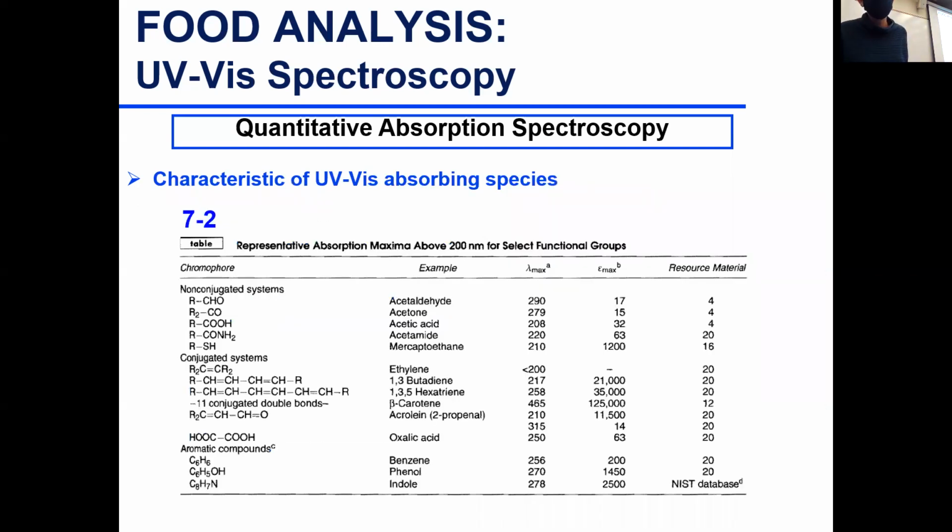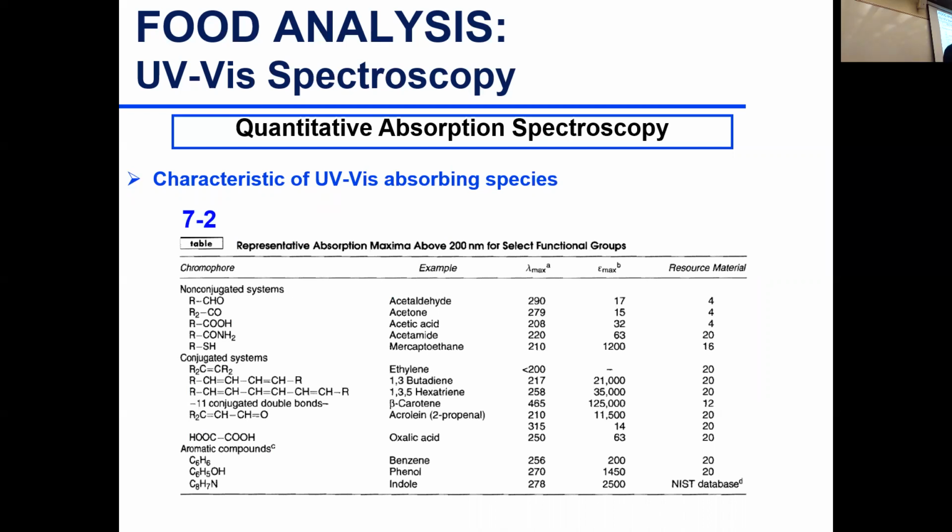Okay. This is FYI, nothing to memorize here, but this is to show you different groups and example compounds. These are the absorbing groups within these compounds. They have specific lambda max, and the molar extinction is known for these compounds.